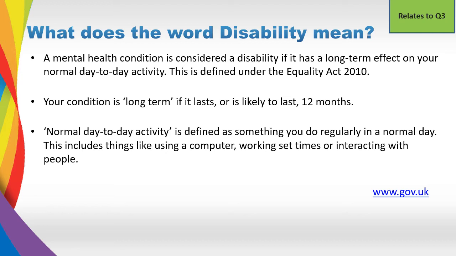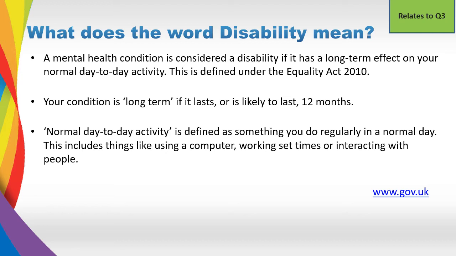So think about those definitions in terms of a person with dementia. So is it a long-term effect on your normal day-to-day activity? So long-term is if it lasts or is likely to last for 12 months. So I think there we get a tick because the condition cannot be cured. It is going to stay for more than 12 months. Normal day-to-day activity, so things like using a computer, working to set times or interacting with people.